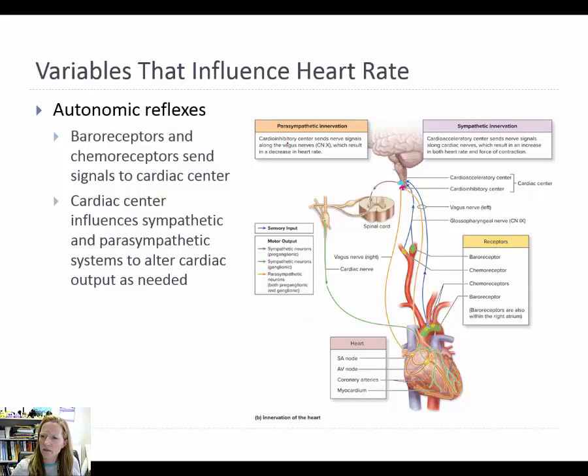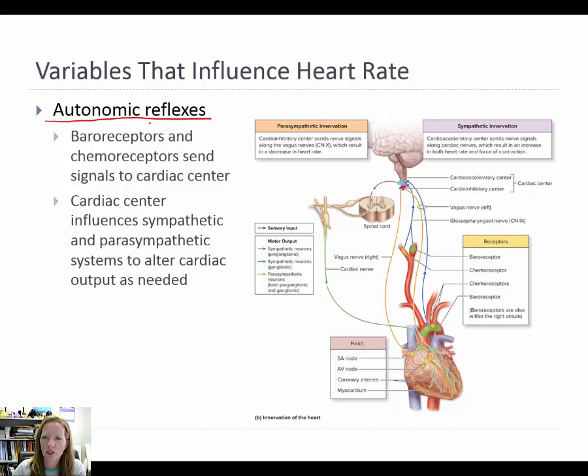So here's that chart that I wanted to refer to earlier that we looked at in a past video right there. Is going to be how that parasympathetic and sympathetic nervous systems go in and influence it. So the autonomic nervous system is going to influence heart rate through sympathetic and parasympathetic divisions through something called autonomic reflexes.